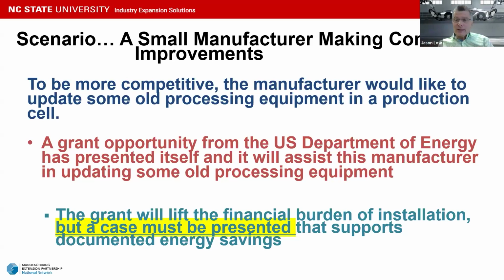And there's an opportunity for that manufacturer to leverage a grant. And this particular grant comes from our Department of Energy. The Department of Energy will help us through this grant replace some equipment, some technologies that will help make us more competitive as a manufacturer. The kicker here is that we've got to be able to show that there's going to be some energy savings that is going to happen.